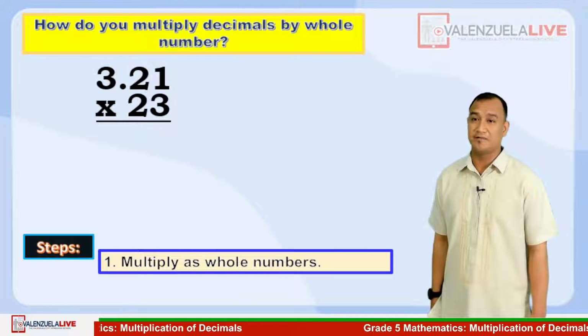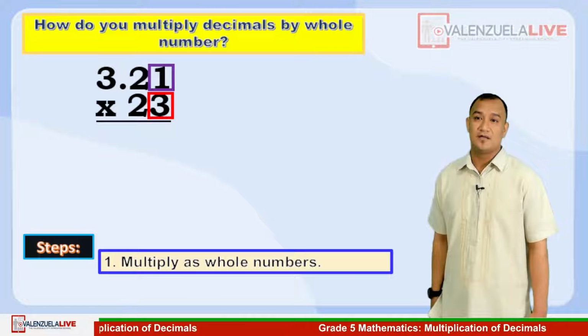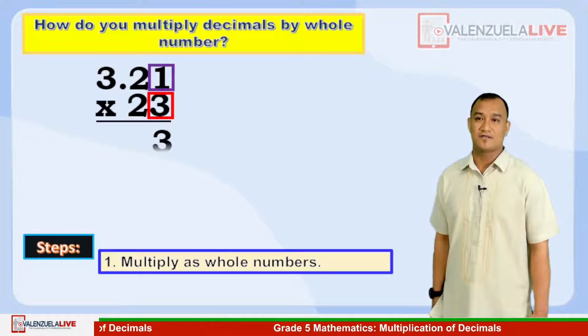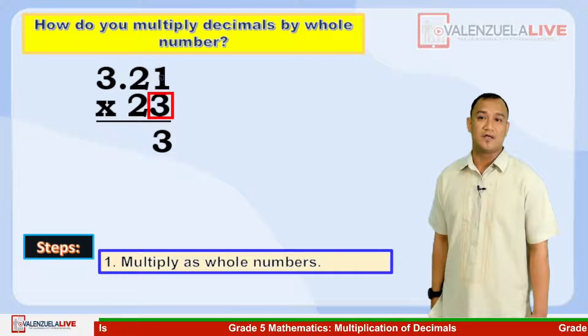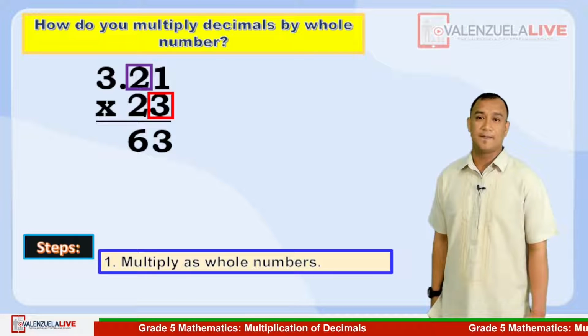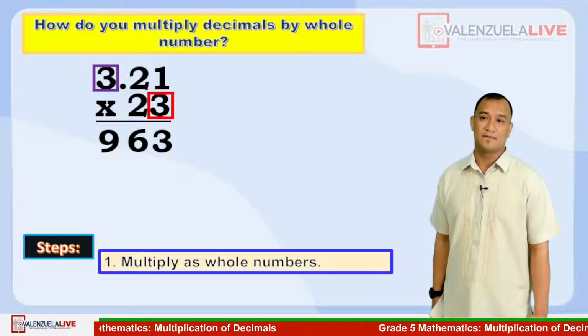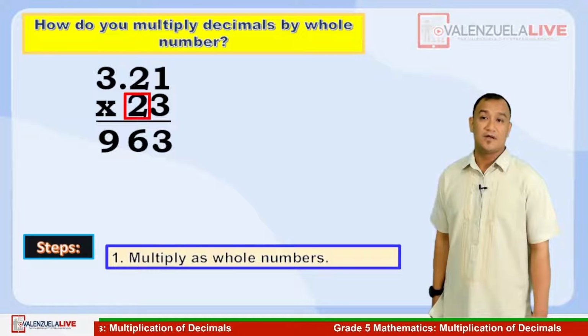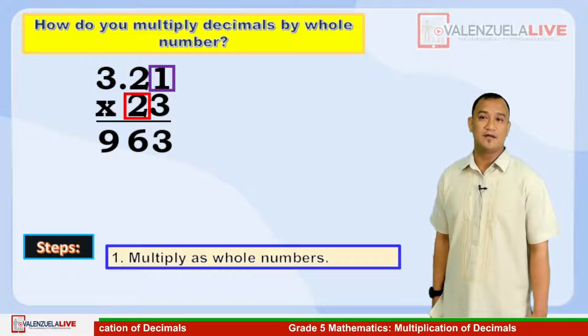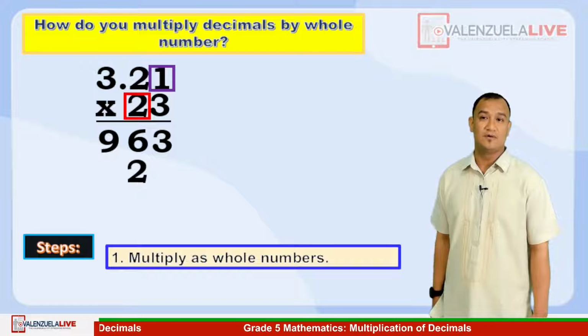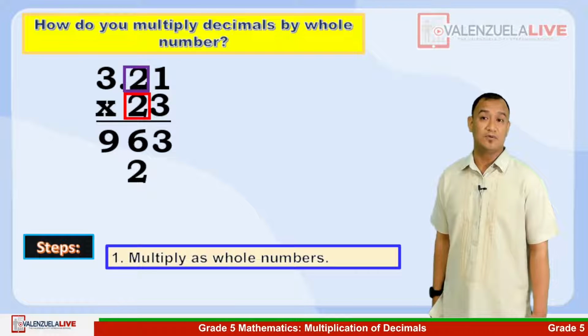So let's begin. 3 times 1 is 3. 3 times 2 is 6. And 3 times 3 is 9. Next, 2 times 1 is 2. 2 times 2 is 4.